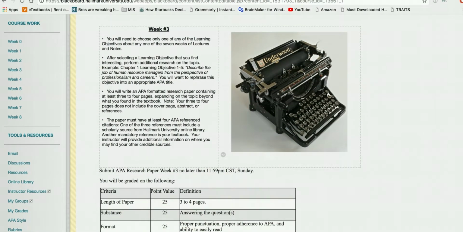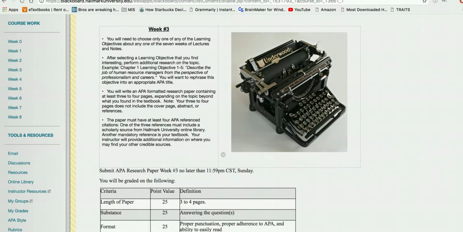And basically what you're going to do on the paper is you'll need to choose only one of the learning objectives from any one of the 7 weeks of the lecture endnotes. So you'll look at a learning objective, and then from there, you will expand what you want to discuss. After selecting a learning objective that you find interesting, perform additional research on the topic.